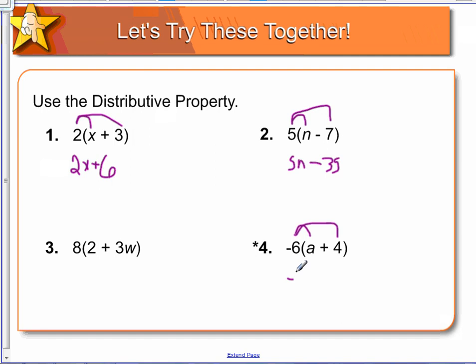So we would do negative 6 times a and then we would do negative 6 times 4. And negative 6 times 4 is negative 24. So we could technically write plus negative 24, but that can get confusing. So we can just substitute that with minus 24.